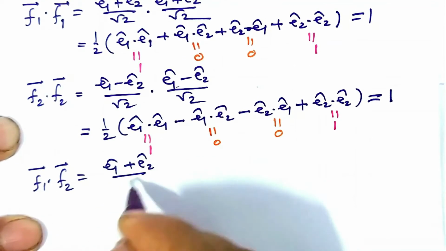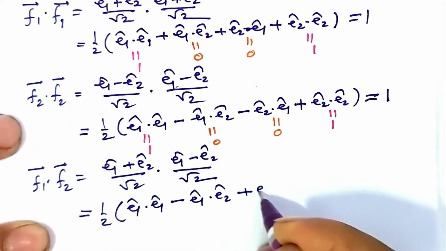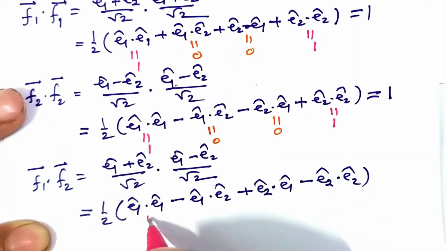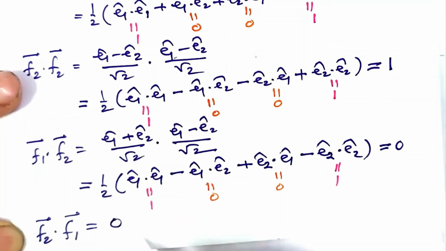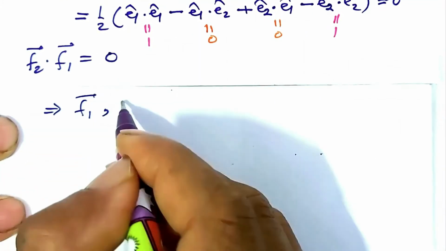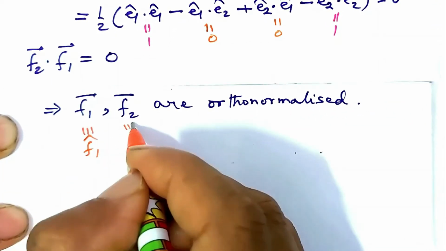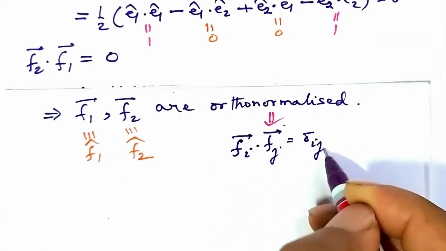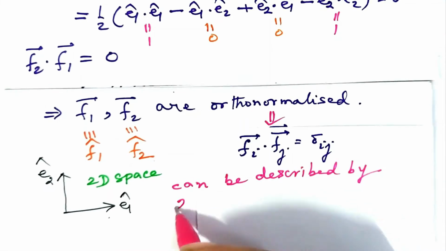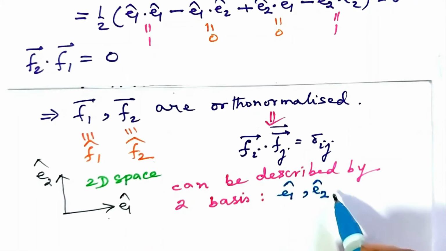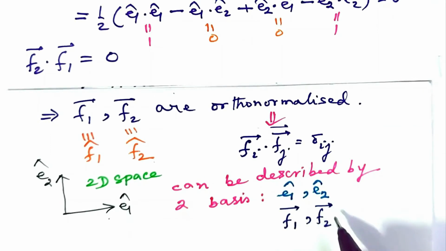Also vector f1 dot vector f2 equal to 0, and so vectors f1 and f2 are orthonormalized. We thus conclude that the 2D space can be described by two bases e1 cap, e2 cap, as well as by vectors f1 and f2.